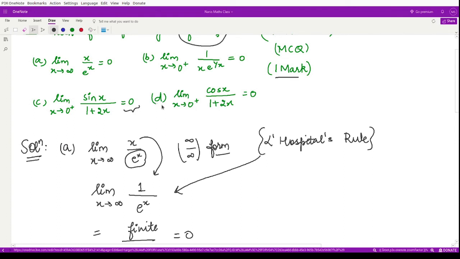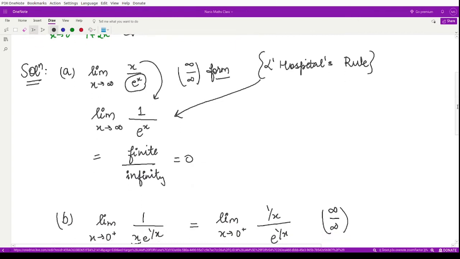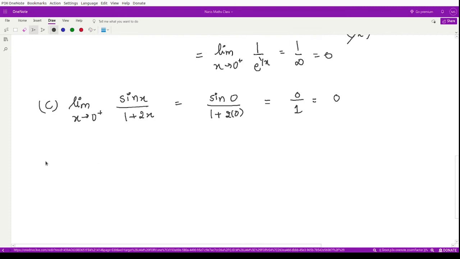So that means option D would be the correct one, but let us verify that. The fourth option is the limit as x goes to 0 positive of cos of x divided by 1 plus 2x. Now when you substitute the limit over here directly, it would be cos of 0 divided by 1 plus 2 into 0, right?